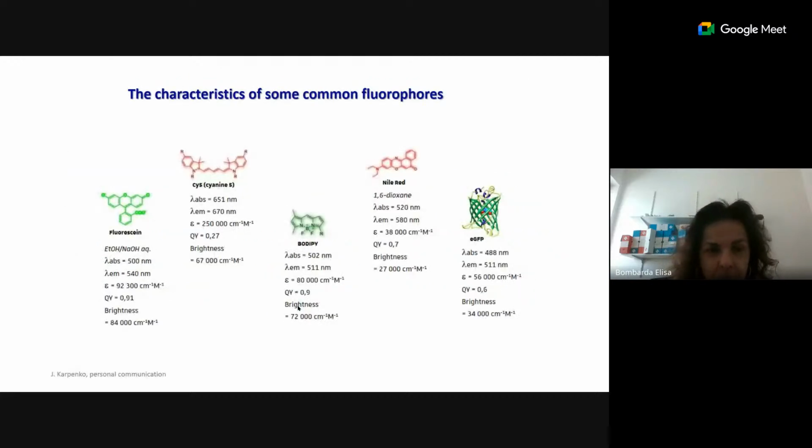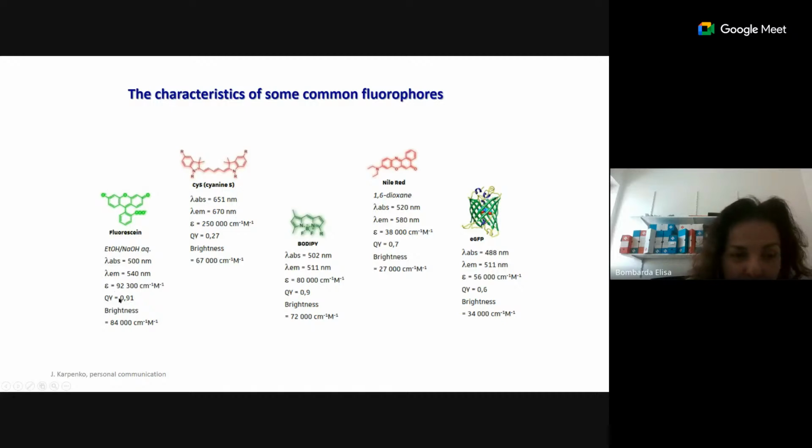And here, for example, is some example of common chromophores, where all these characteristics are listed. In particular, you can see the brightness at the end, and this brightness can be achieved, of course, with a large quantum yield.